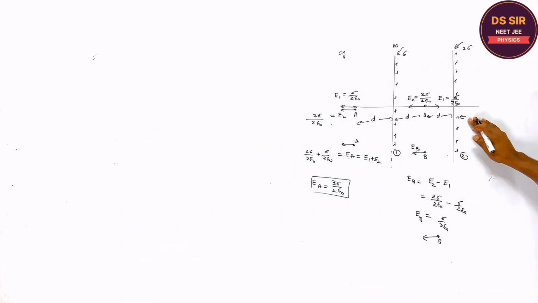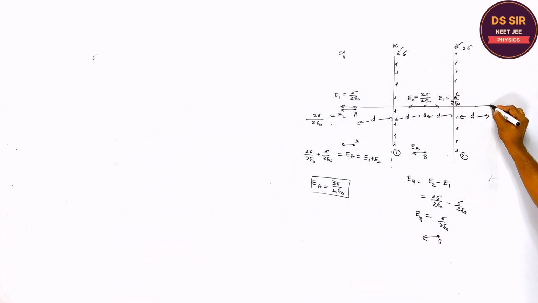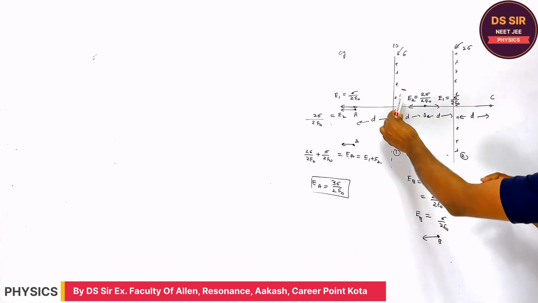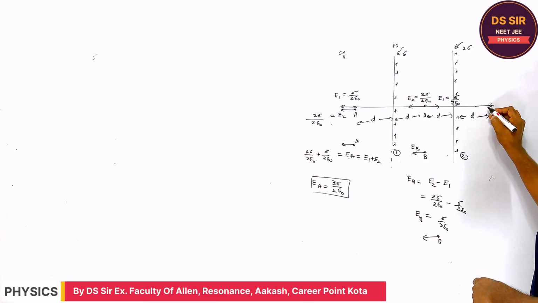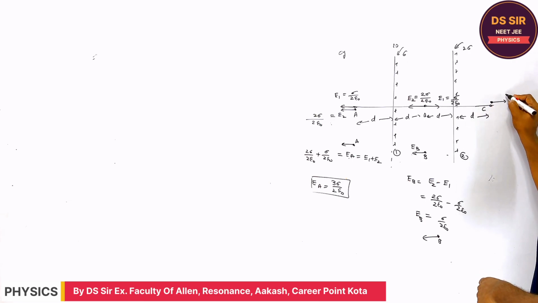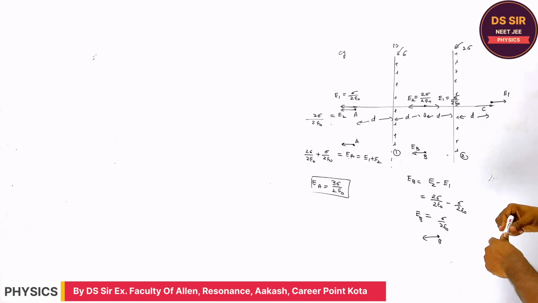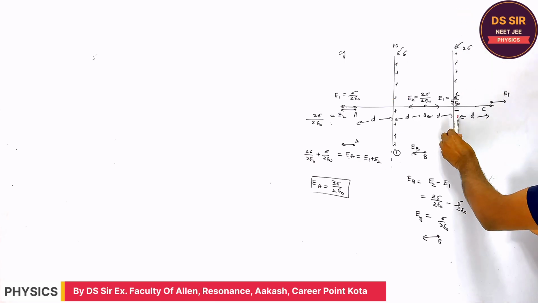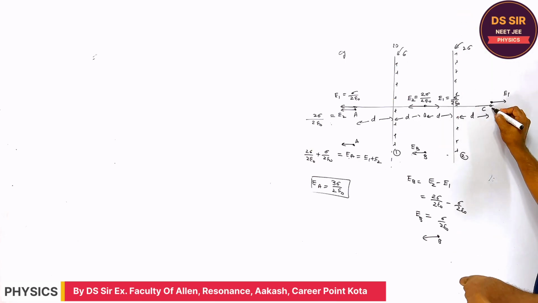Now, if you want to write the electric field at this point C, listen, the electric field does not depend upon the distance due to this sheet. The electric field due to the first sheet is away from this point. This is E1. And this is the second sheet, the electric field is away from the sheet.